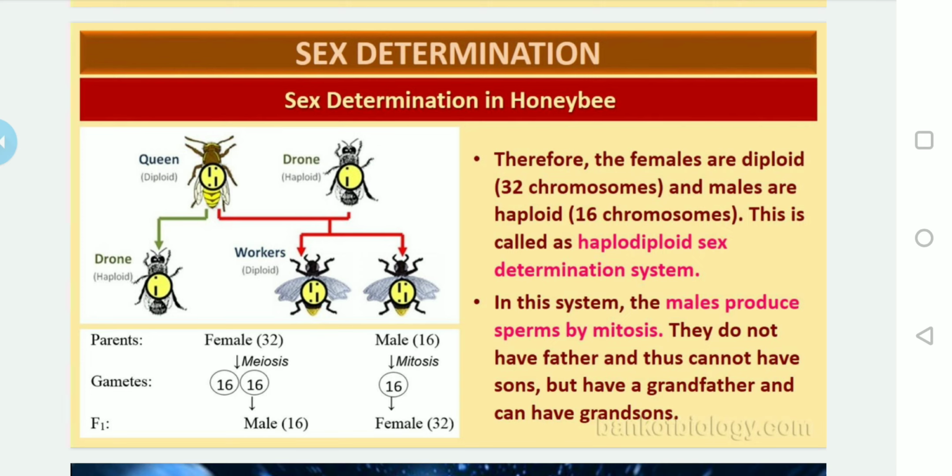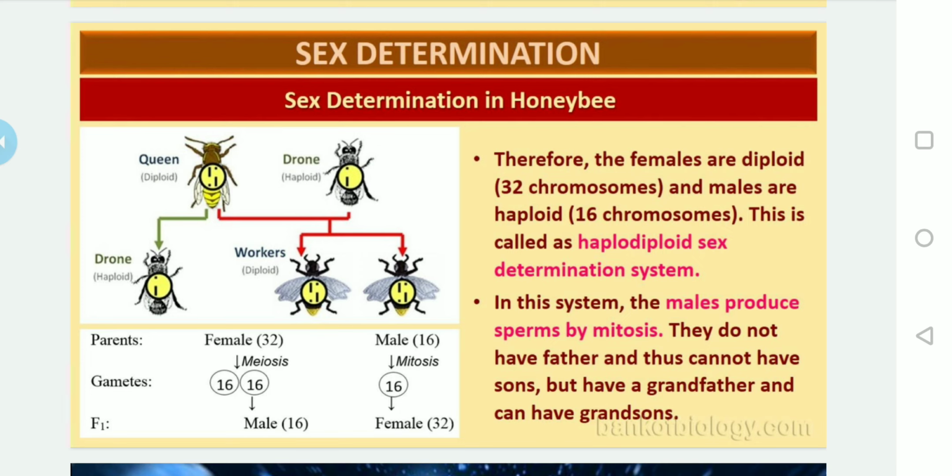Okay, and in this system the males produce sperms by mitosis. Underline the terminology. See, this is very important. In this case, the males produce sperms by mitosis, and females produce eggs by meiosis.